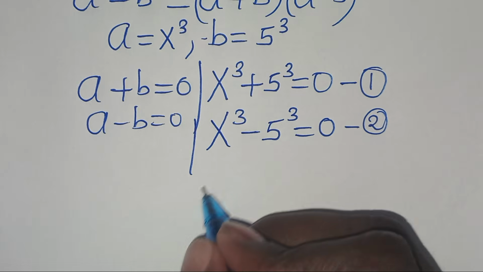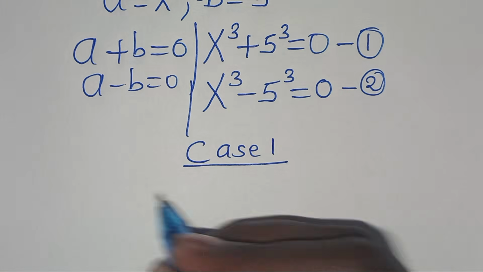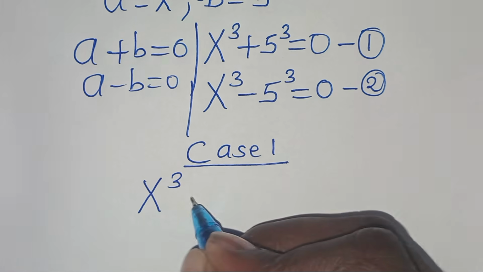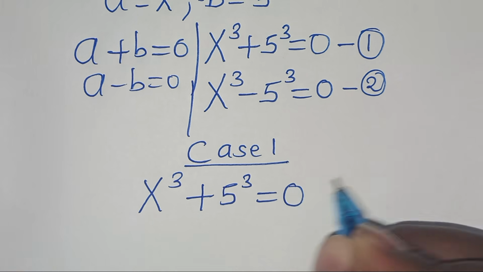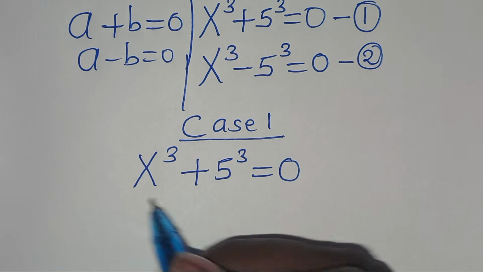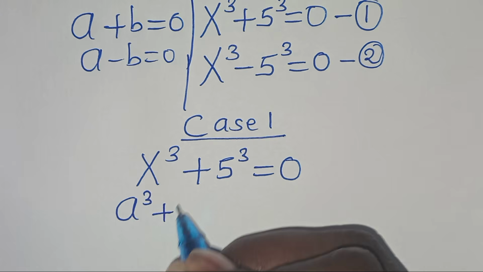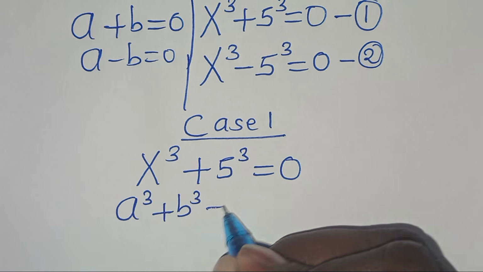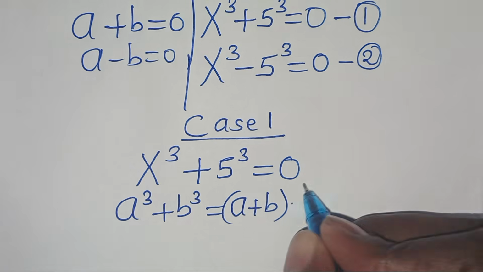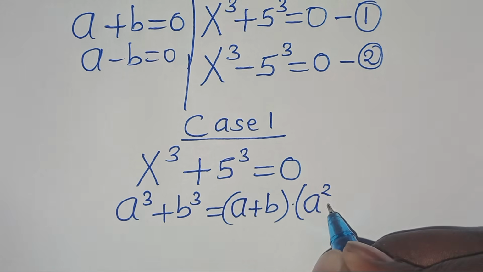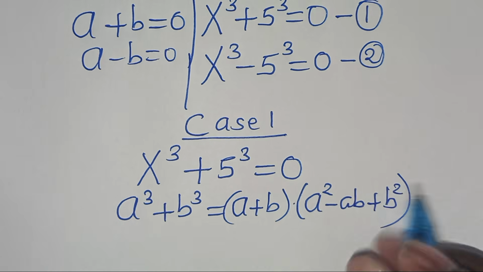Now let's start with case 1. We have x to the power of 3 plus 5 to the power of 3 equal to 0. This is the sum of two cubes, a to the power of 3 plus b to the power of 3, which you can express as a plus b times a to the power of 2 minus a times b plus b to the power of 2.